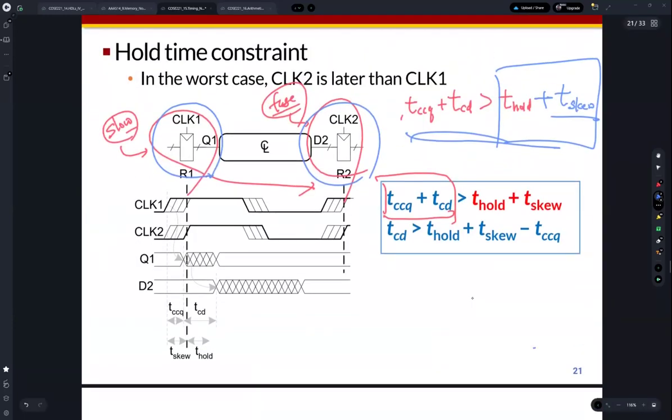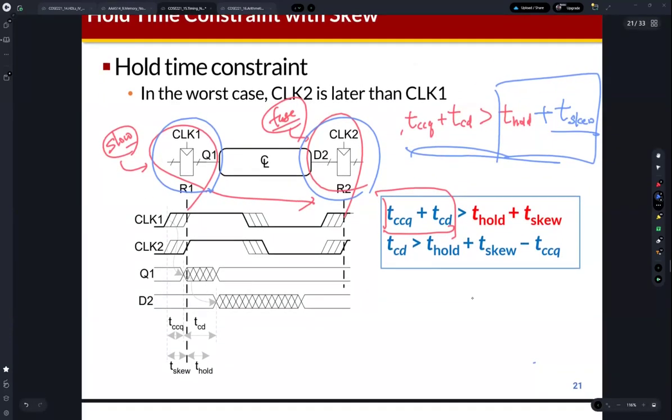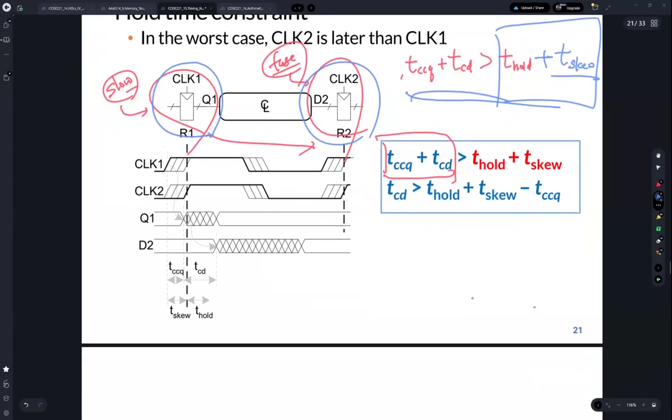As I mentioned, this is very important because when we build the system, we need to consider the setup time constraint and hold time constraint. If they are violated, the system will work incorrectly. So that's why this timing analysis is very critical, very important. It can be asked during the final exam, right?